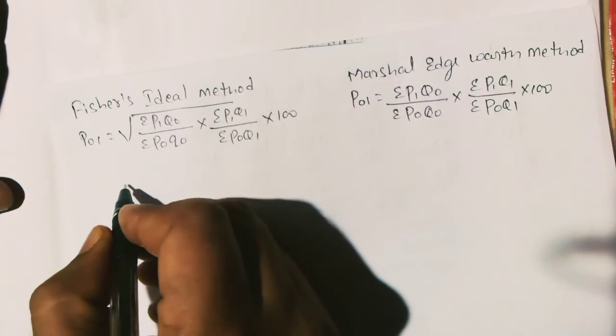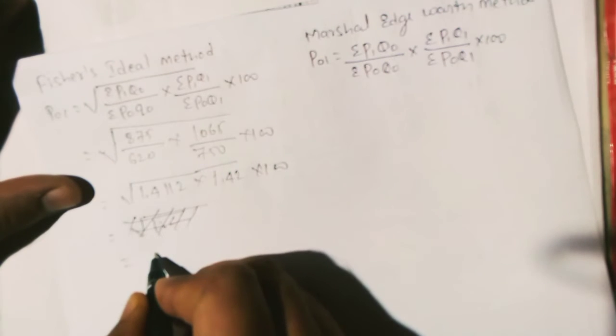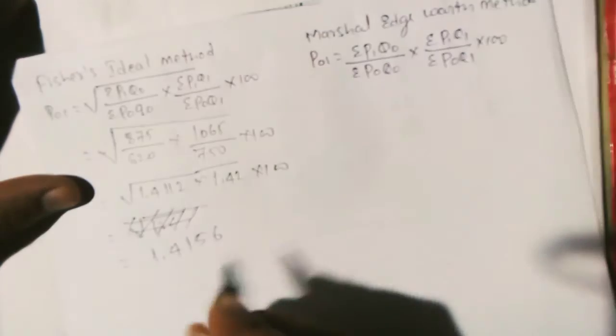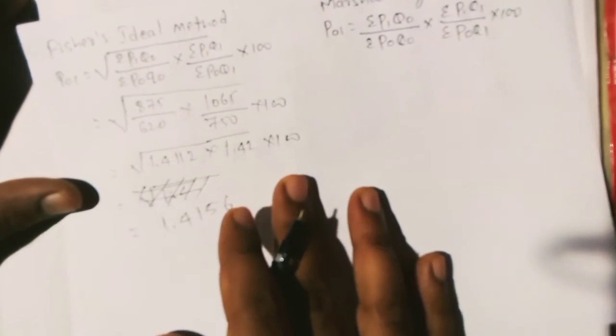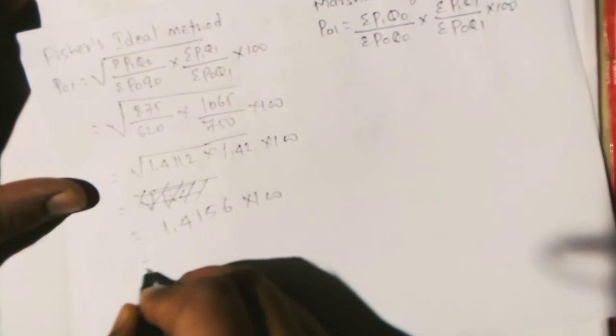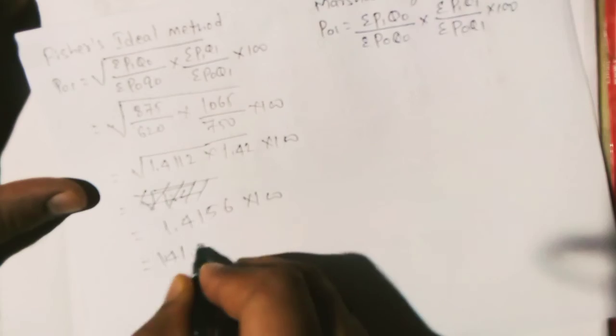We will get the value 1.4156, into 100, that is 141.56. This is the P01.